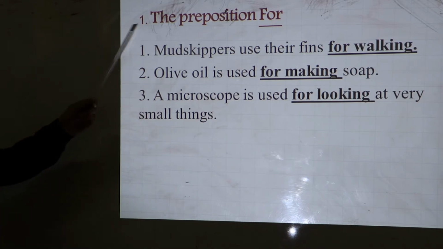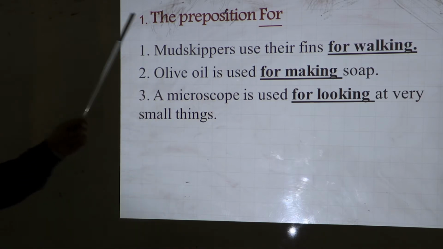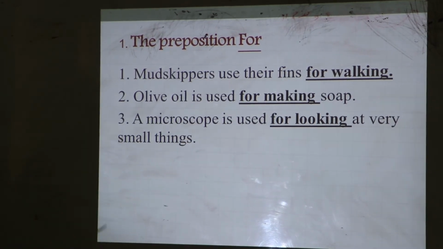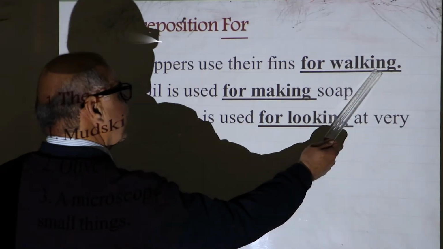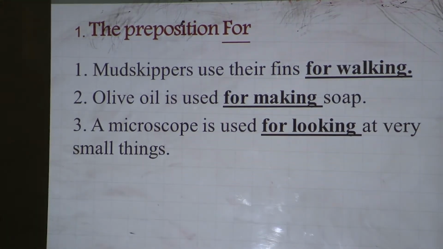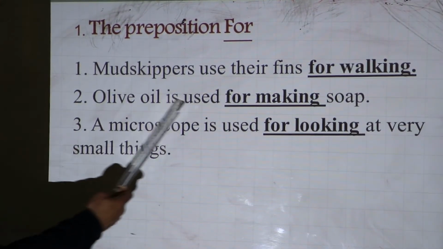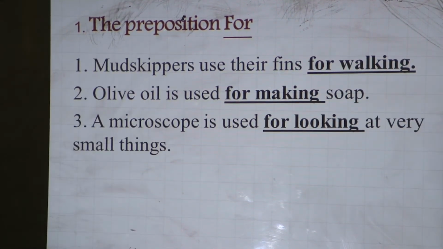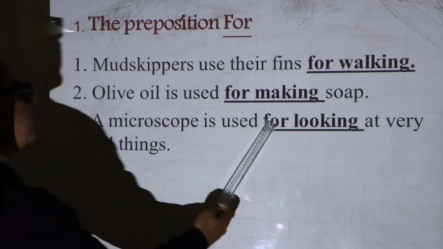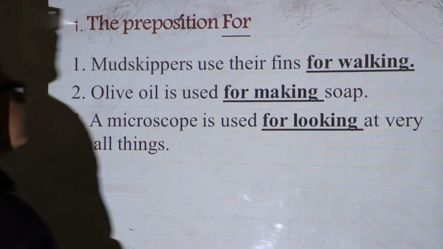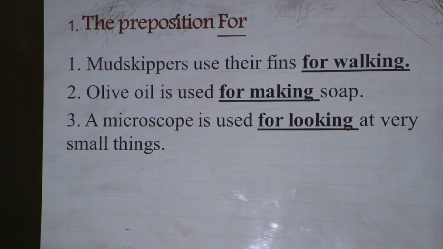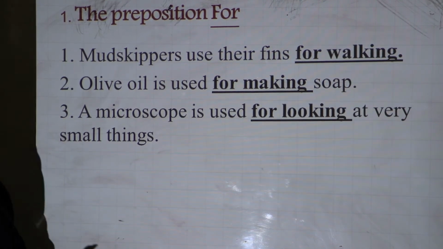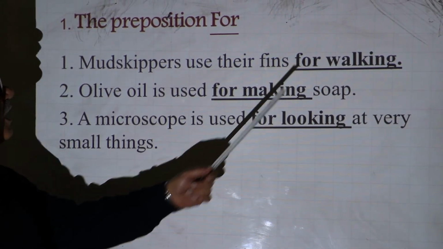If you look at these three sentences, each sentence has the preposition for, and it is followed by the ing form. For walking. Number two, for making, make plus ing. And number three, for looking. So all these sentences have the preposition for followed by the ing form.